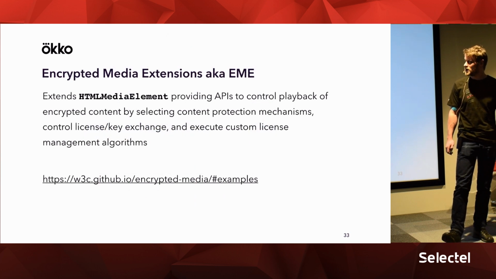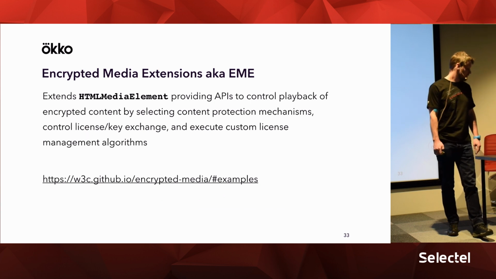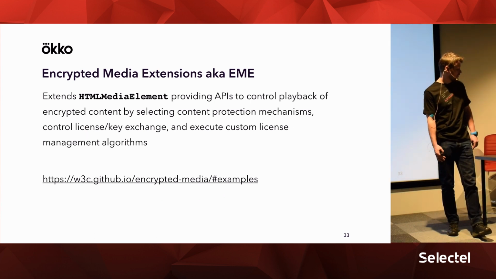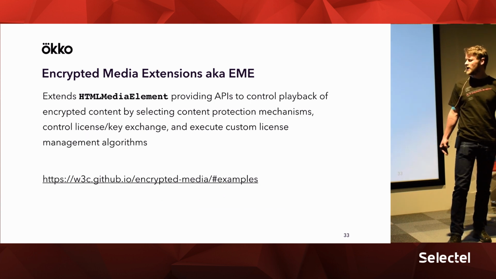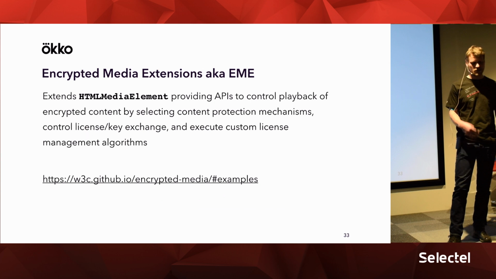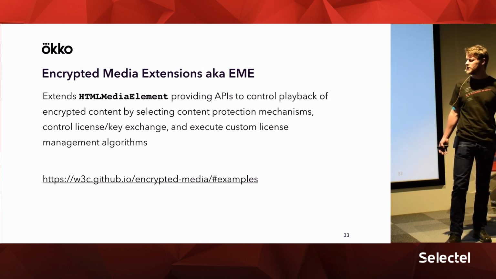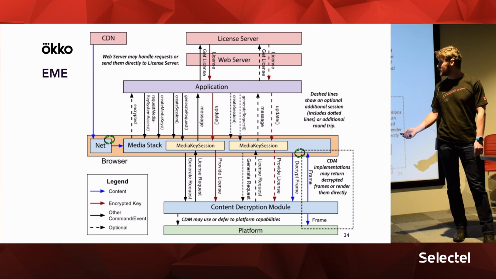And encrypted media extensions also give the HTML media element some extra APIs to deal with the encrypted content, getting the license, understanding that the license is needed, and so on. And it's easy like that.